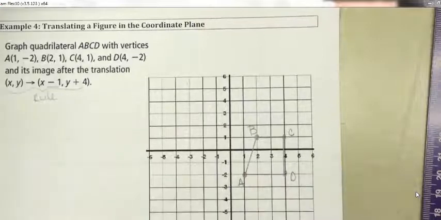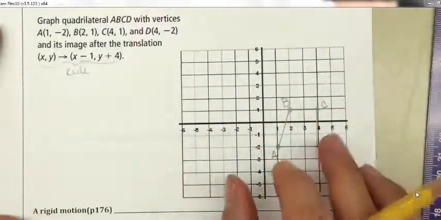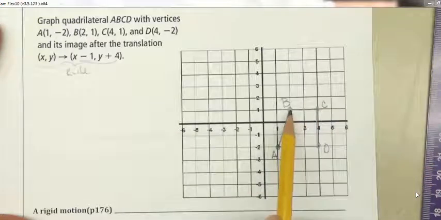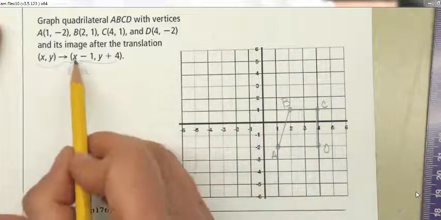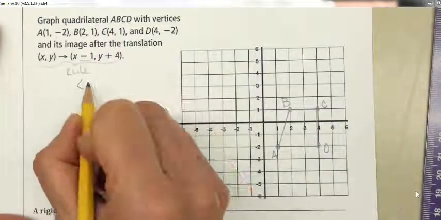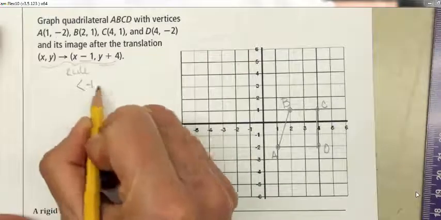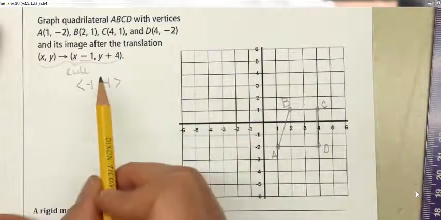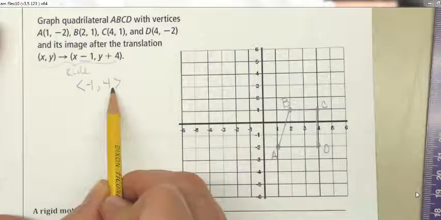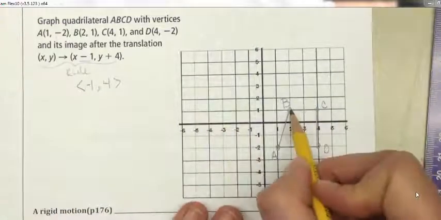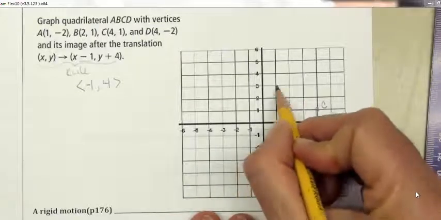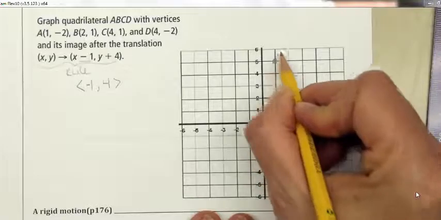Now there's a couple of ways to do this, but because we've already graphed it out, we might as well go ahead and just calculate it or count out the spaces. So again, our rule, we're going left 1 and up 4, or in vector form, it would be -1, +4, right? Horizontal component, every point gets moved left 1, every point gets moved up 4. So for this one, I can really just count. I can say I'm going to go left 1 and go up 4. 1, 2, 3, 4. That's going to be B prime.